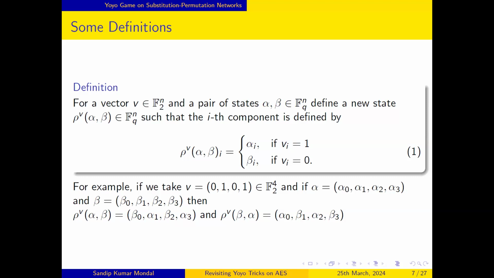So for example, if V equals 0 1 0 1 and alpha equals this and beta equals this, then rho V alpha beta is beta 0 alpha 1 beta 2 alpha 3. Here in V, the second and fourth positions are 1, so the second and fourth positions are fixed and the other positions are swapped. And rho V beta alpha is another pair. So from alpha beta, we can generate two new pairs, rho V alpha beta and rho V beta alpha.